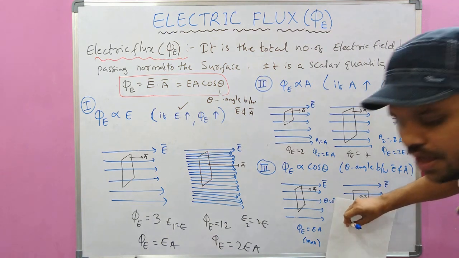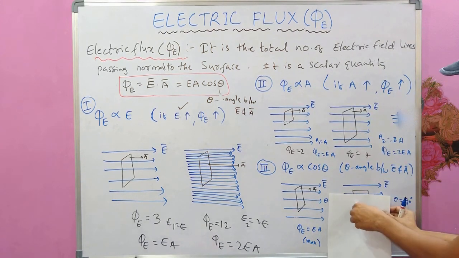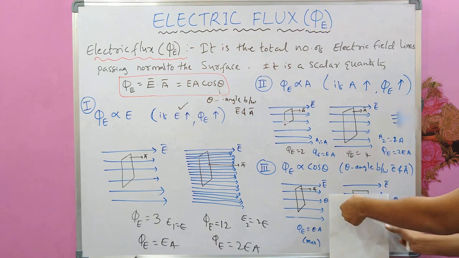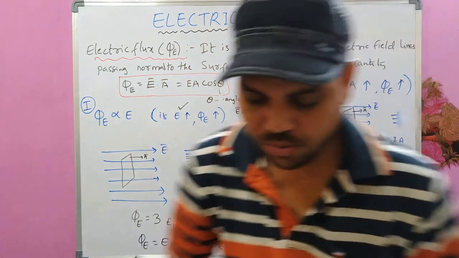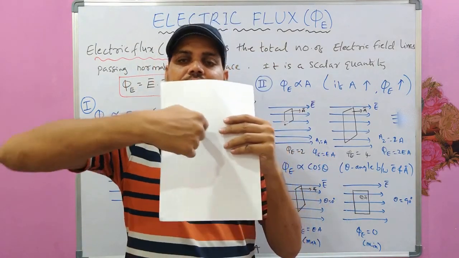Okay, this is the area vector and this one is the electric field. So E and A are perpendicular to each other. See, electric field lines are going in this way and the area vector is this way.